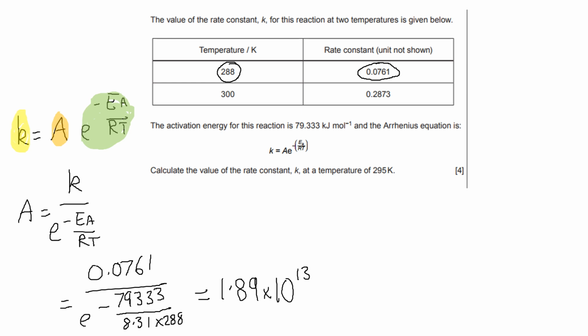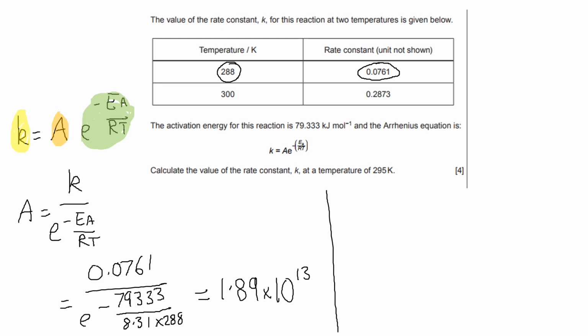But I would leave that answer in your calculator for the next bit and round at the end, but I've written it down there to three significant figures. So once you've calculated A, we're literally going to go back to our original equation and plug the numbers in to calculate k at the new temperature.